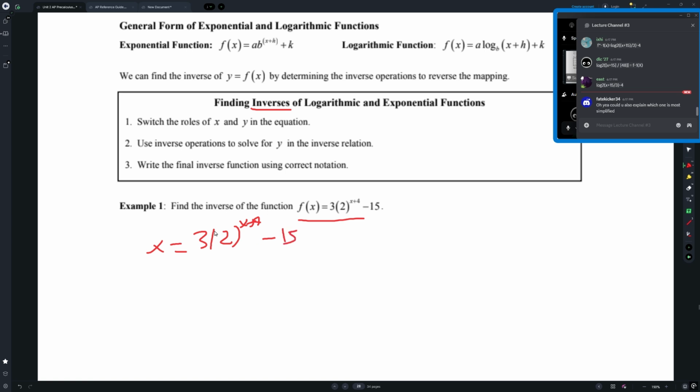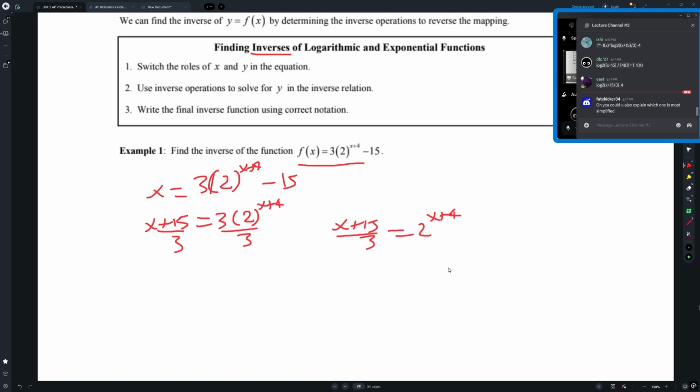Add 15 to both sides: x plus 15 is equal to 3 times 2 to the x plus 4. Now divide by 3: x plus 15 divided by 3 is equal to 2 to the x plus 4.